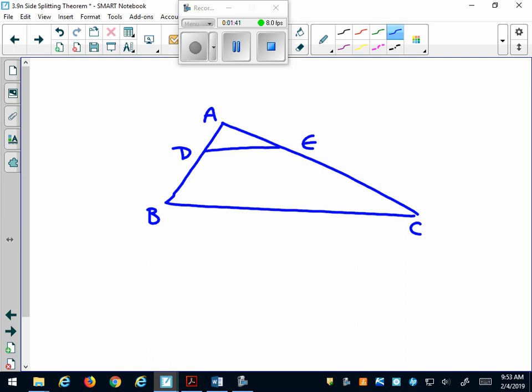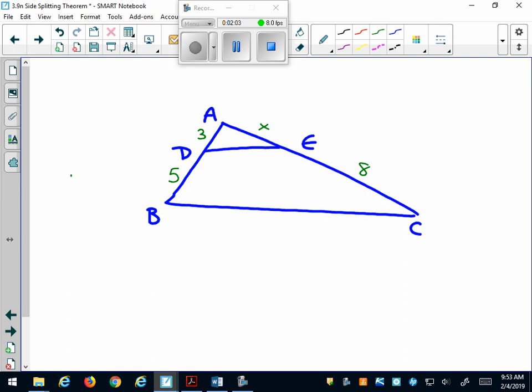If I give you something that looks like this, and I say that this is 3, and this is 5, and this is x, and this is 8, how would we solve for x?